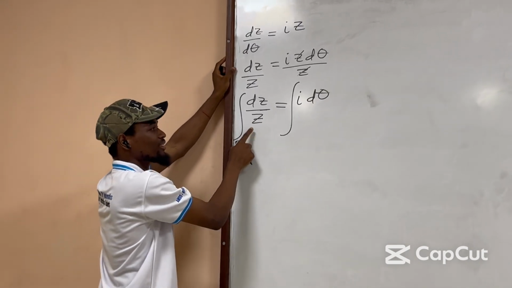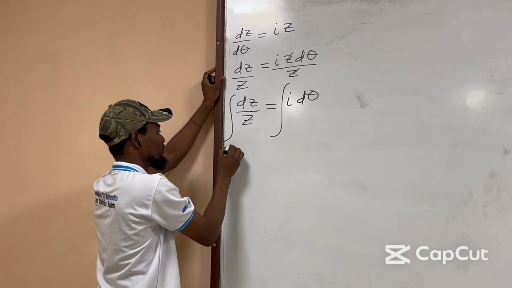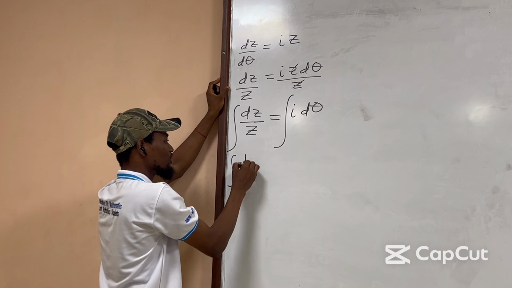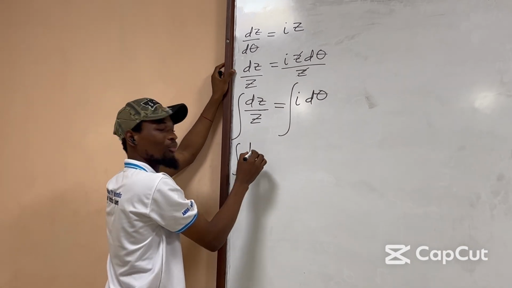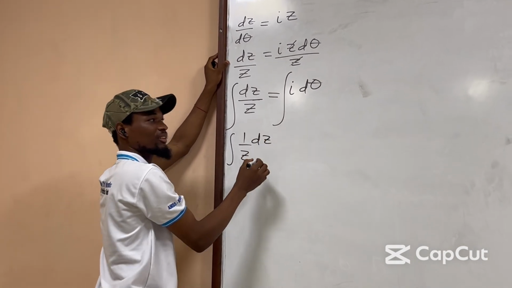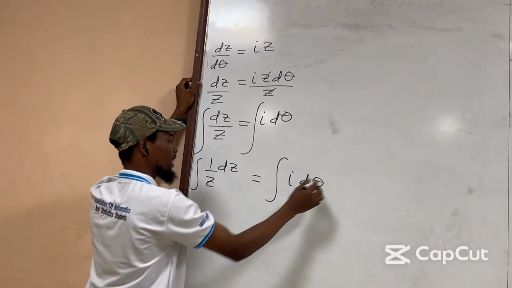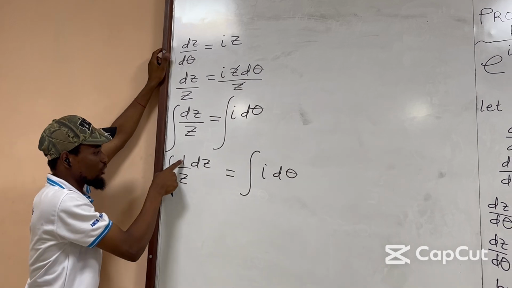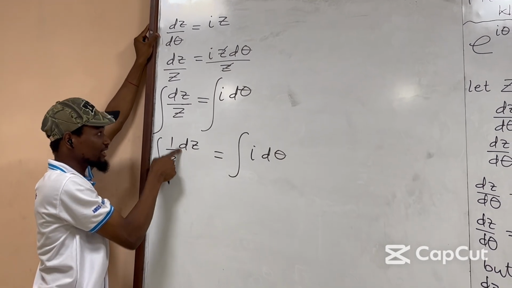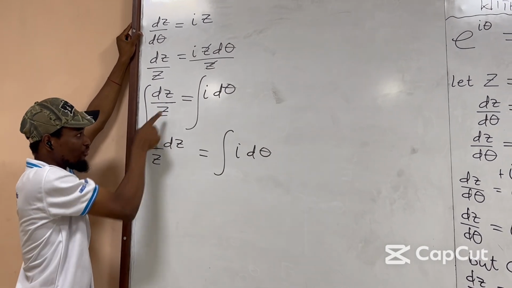So this is the same as the integral of 1 over z multiplying dz, which is equal to the integral of i dθ. 1 times dz gives dz over z.